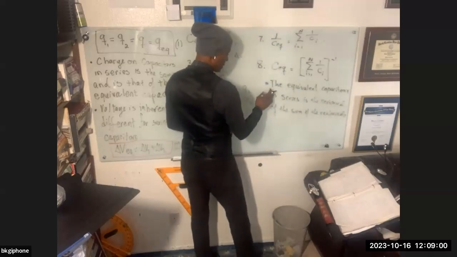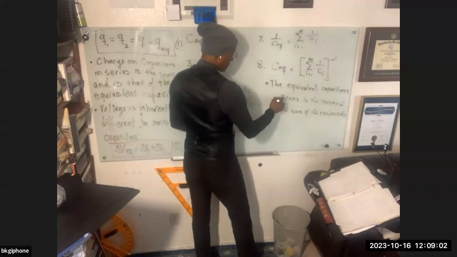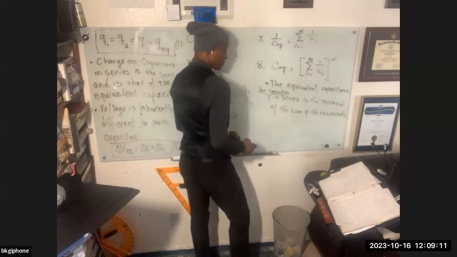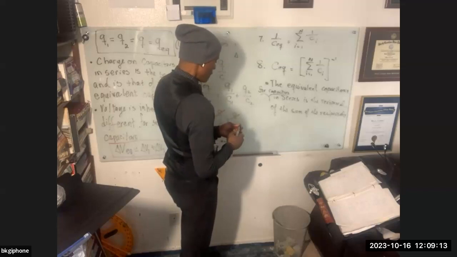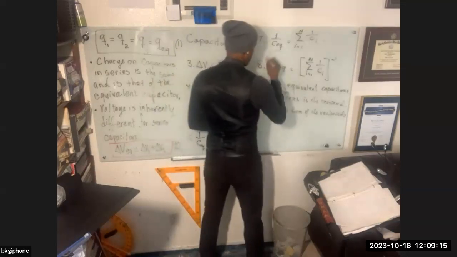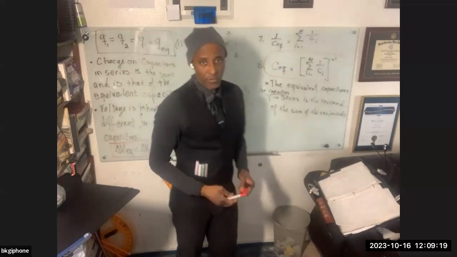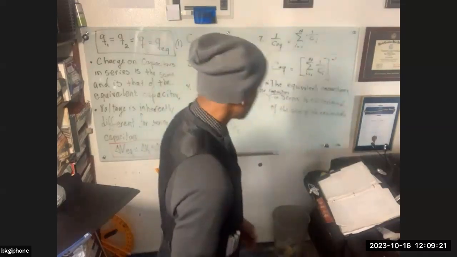So somewhere along the line, you can put that in for capacitors in series. And that's this equation right here. You know what? Time is moving. I've got to take a little break for my next class.